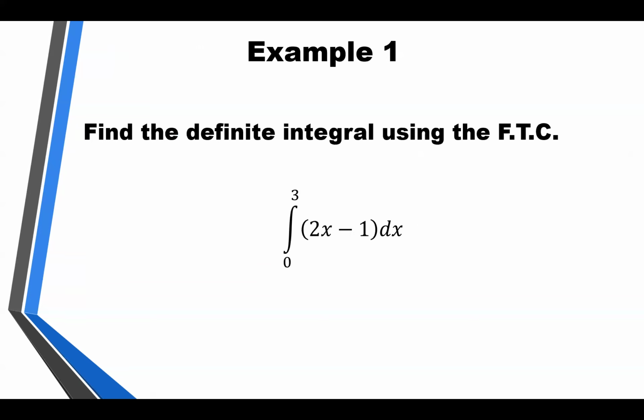So let's go ahead and do that on an example that we dealt with in the previous section. Let's take the definite integral from 0 to 3 of 2x minus 1 with respect to x.